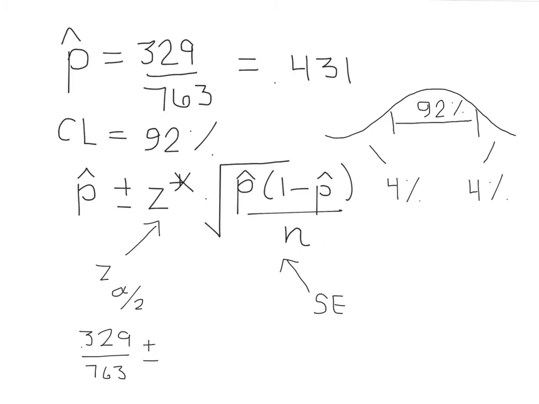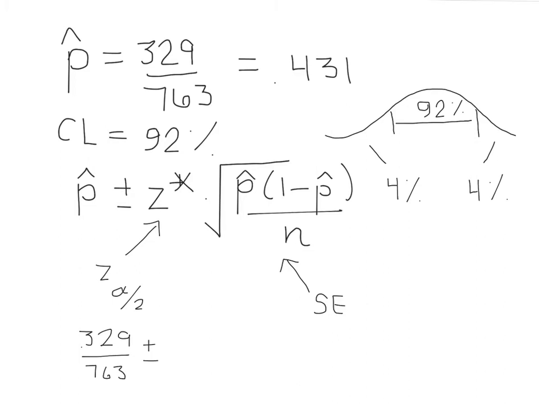So what we can do is inverse norm of 0.04, and that'll give us the lower critical value. Or we can go to our table body and look for as close to 0.0400 as we can get, and find the lower critical value.